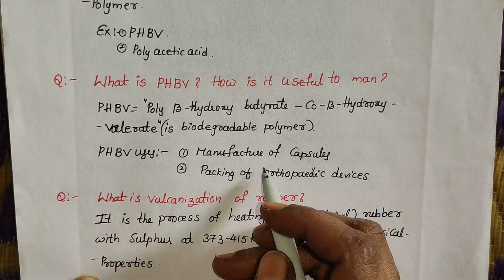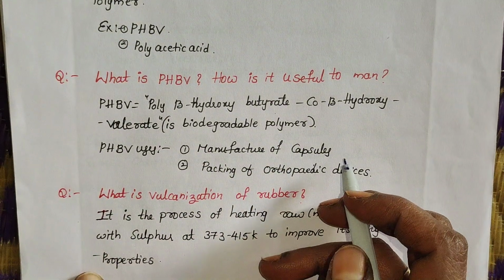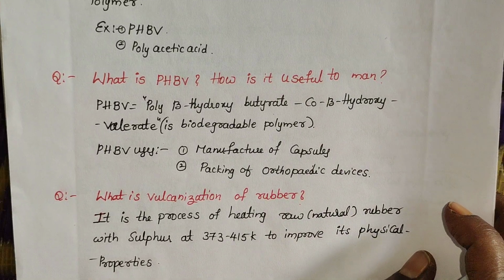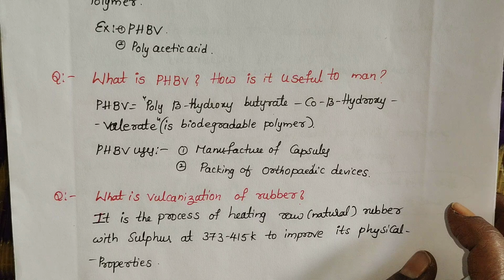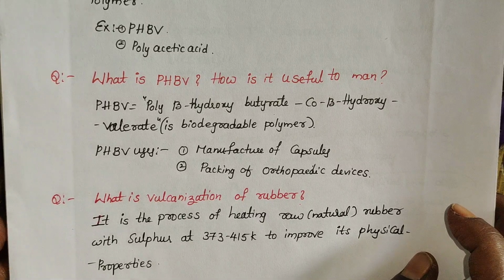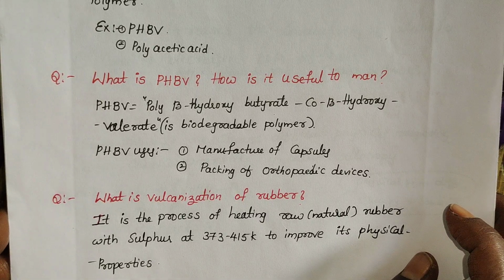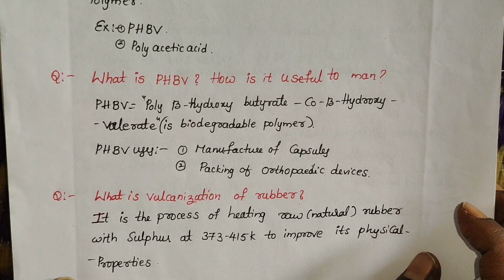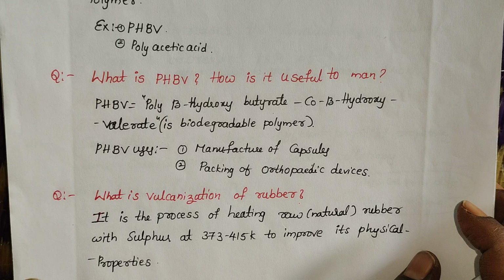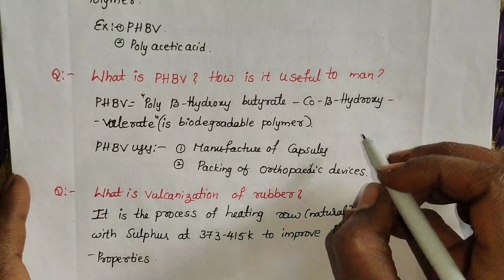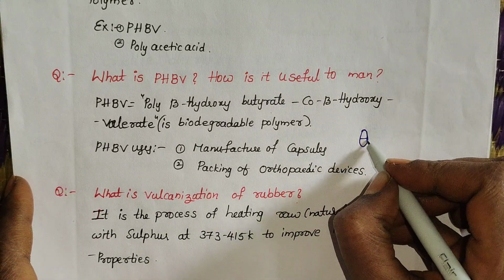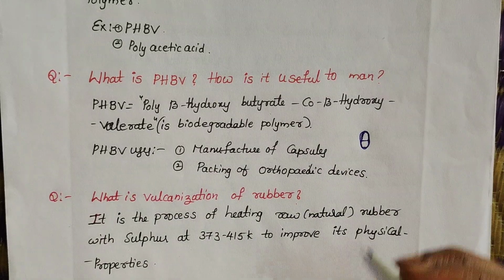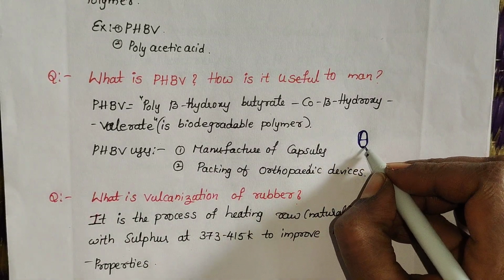It is useful for the manufacture of capsules. Sometimes when we see tablets, especially gas trouble tablets or vitamin tablets, they look like they have a plastic cover. I am not talking about the outside sheet; inside, the tablet is a capsule type. If you check gas tablets, you may easily understand. The tablet's outside looks just like a plastic cover.